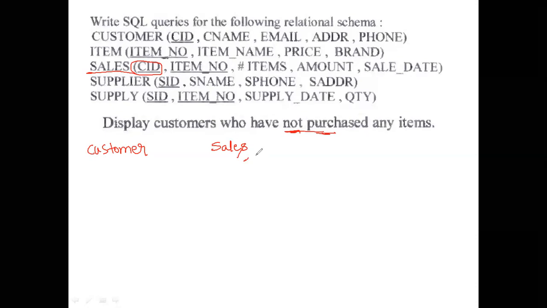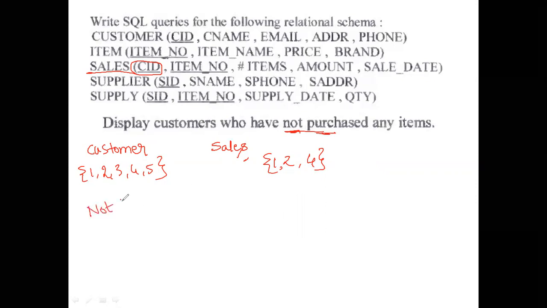So the sales table will contain only those customers who have purchased items, whereas it doesn't contain those who haven't purchased. So let us assume the customer IDs are like this: 1, 2, 3, 4, 5. And in the sales table, we assume that customers 1, 2 and 4 have purchased items. If the data is like this, then which are the customers who have not purchased items?